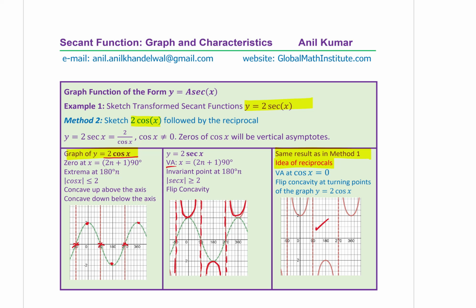However, 2 cos x is not the reciprocal of 2 secant x. However, for the sketching of the graph, it works. You get the idea. So this is what we call our idea of reciprocals, right? The important thing we learned here is the idea of reciprocals. And this is what we are going to explore and use to graph all the functions.